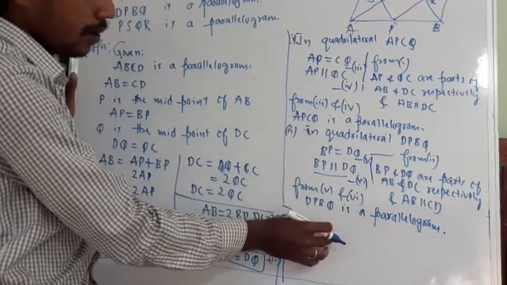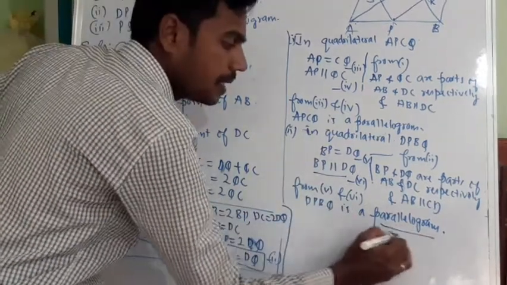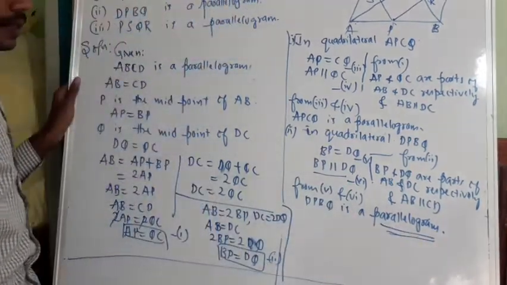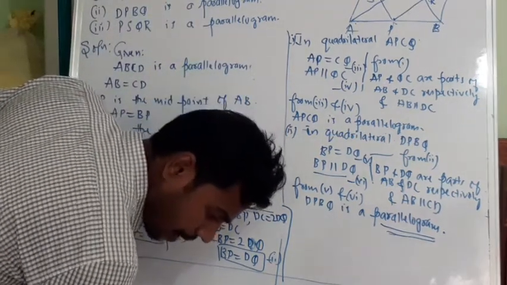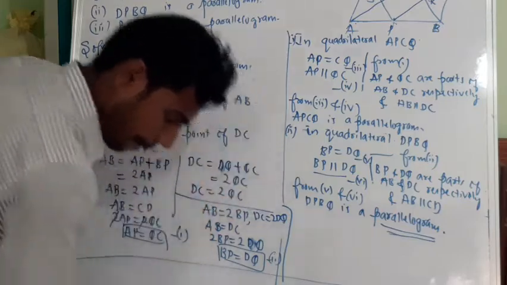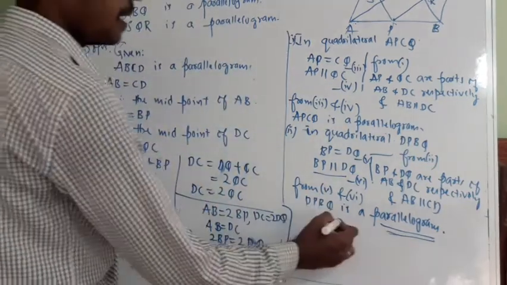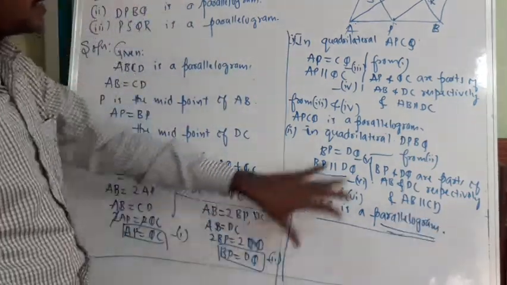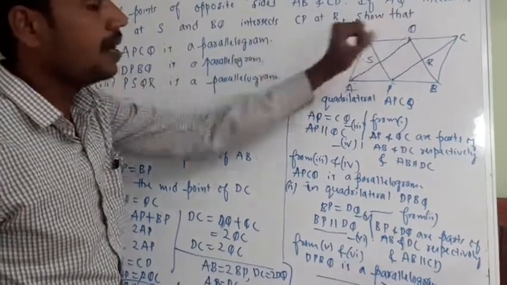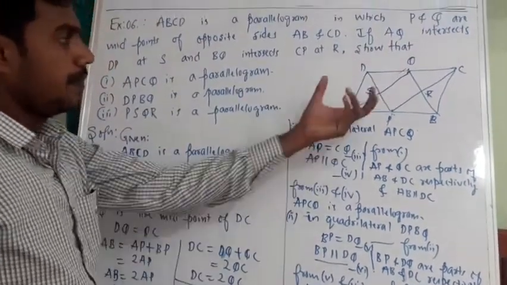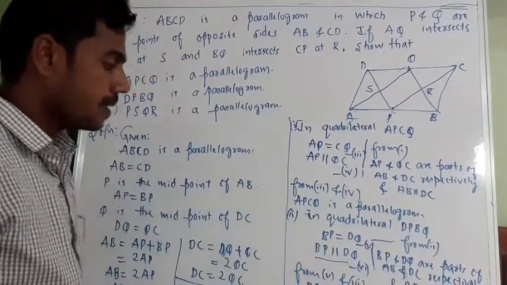Hence we call that quadrilateral a parallelogram. That is theorem number 8.8. From theorem number 8.8, we can say if a pair of sides are parallel and equal, then we can call the quadrilateral a parallelogram.